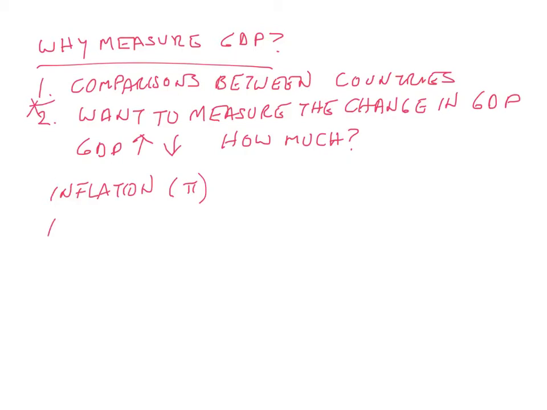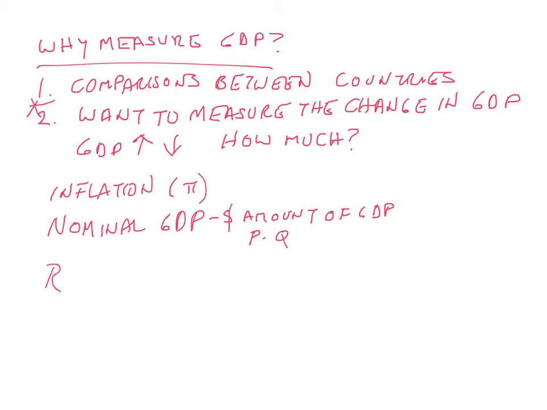So economists have two definitions of GDP. There's nominal GDP, which is what we calculated before. It's just the dollar amount of GDP when we multiply prices times quantities. And the other type is real GDP, and real GDP is really what we want to know.